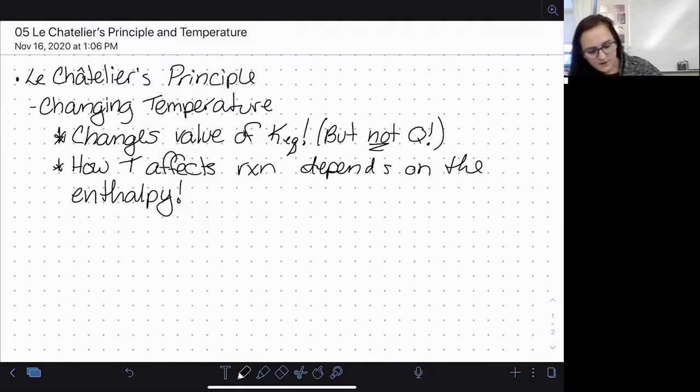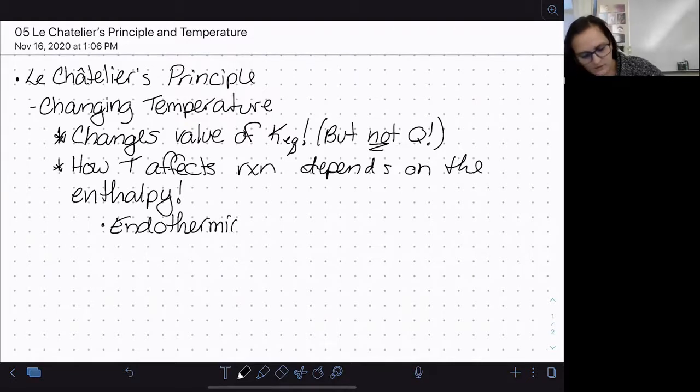For an endothermic reaction, just as a reminder, that means that delta H for our reaction is positive, greater than 0, and heat is absorbed in this reaction.